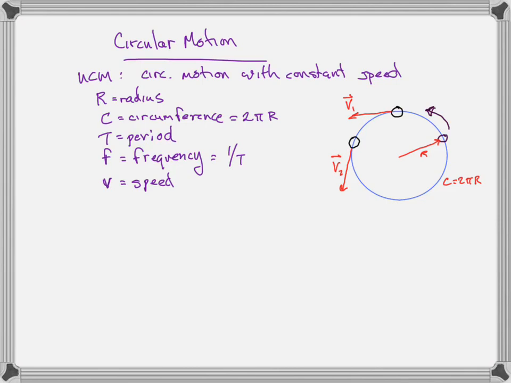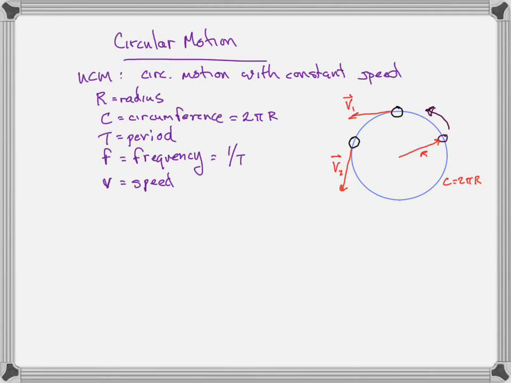But the speed doesn't necessarily change. If it's uniform circular motion, we're talking about constant speed. So the reason the velocity changes is simply because the angle changes, not because the speed changes. You could have both change, but we won't probably talk about that anytime soon.